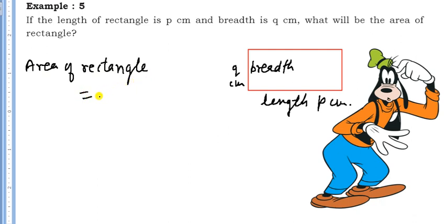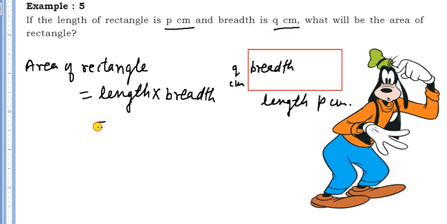It is equal to length into breadth. Length is given as p centimeter and breadth is given as q centimeter. So you have to write here p, length is p and breadth is q. So that is pq centimeter square.